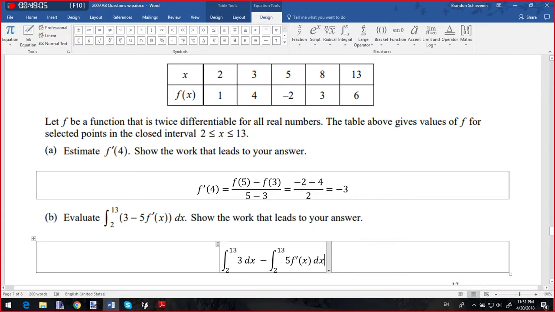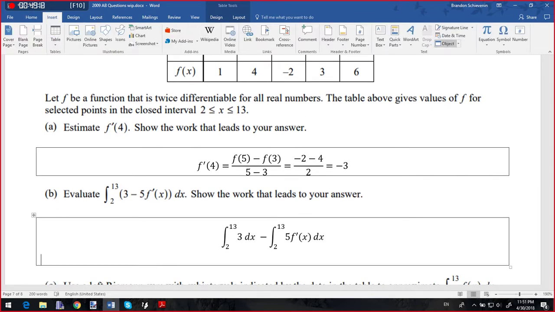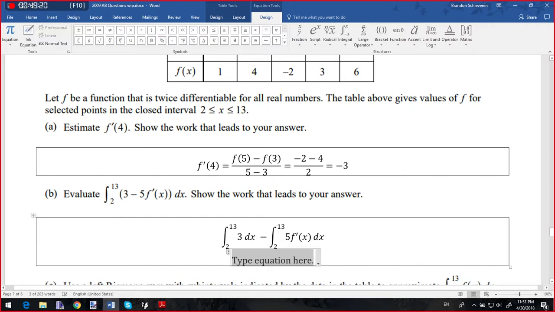So for my first integral, if I integrate this, I'm just going to be multiplying. So 3 times my x for my upper bound and lower bound. So that is 3 times 13 minus 3 times 2. Okay, then I'm going to take whatever that answer is and subtract whatever I should get for this integral.